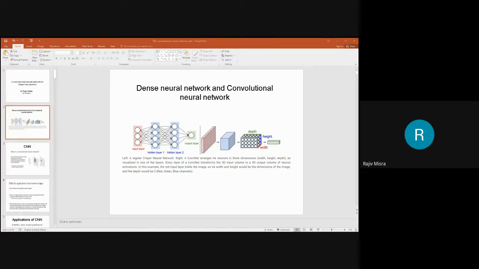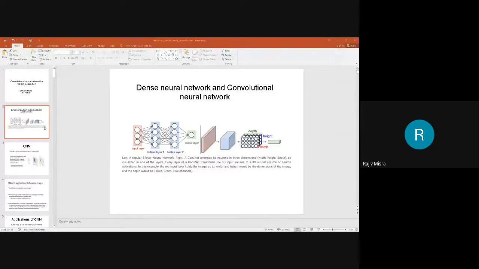A lot of issues are there. Is it visible?